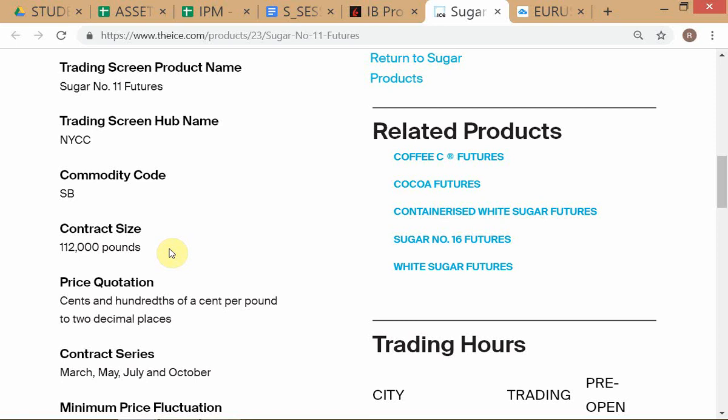Actually the word should be integer multiples, because technically 1.23 is also a multiple, but it's integer multiples of the contract size, okay, which is the market lot. So you have to always trade in integer multiples of the market lot. So the contract size in a futures contract specification page is the equivalent of what we discussed earlier, the market lot. Okay, so the price quotation is basically dollars and cents per pound.